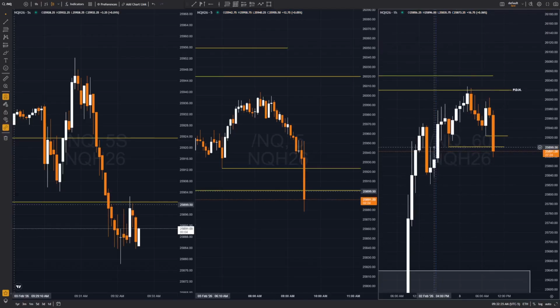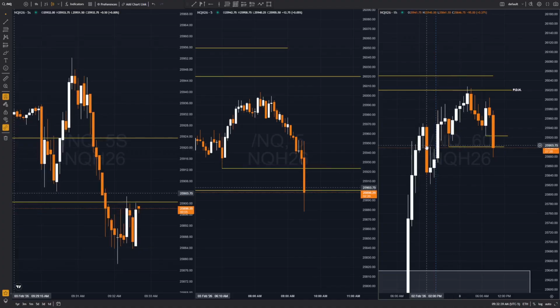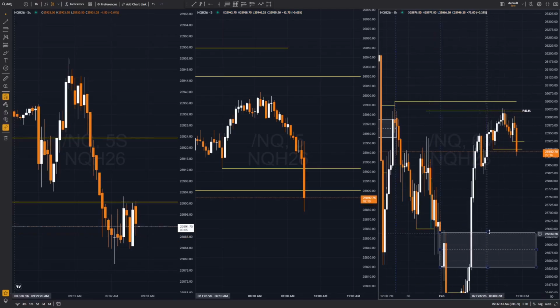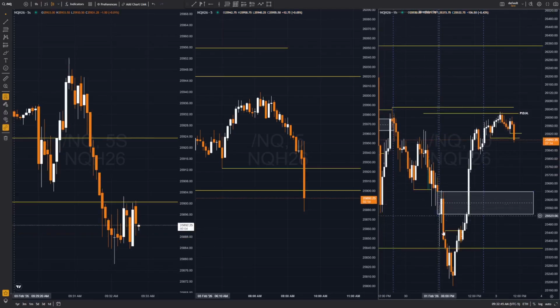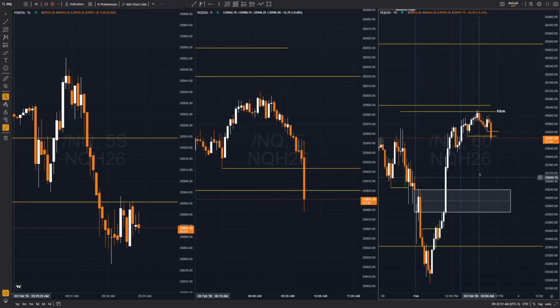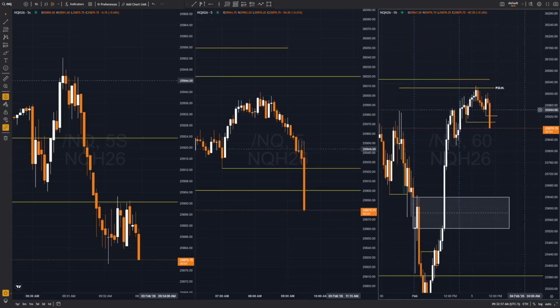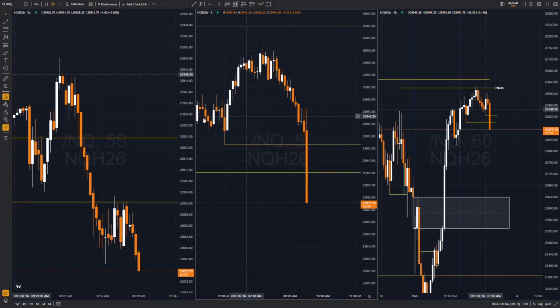But since it looks like pretty much the entire day we just consolidated overnight between Asia and London session, I really do want to see lower prices. Because it looks like we came down, we broke structure, we're accumulating, and I kind of want to see a dump. And if we stay in this area tomorrow, then we might shoot up higher. But for today I want to do lower.